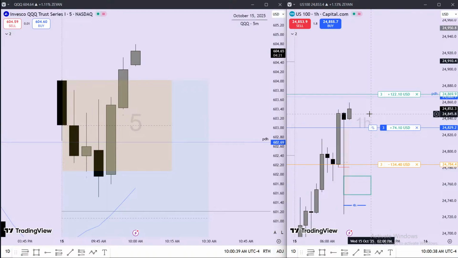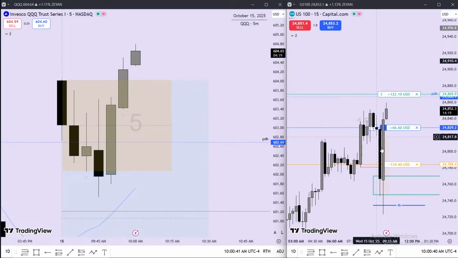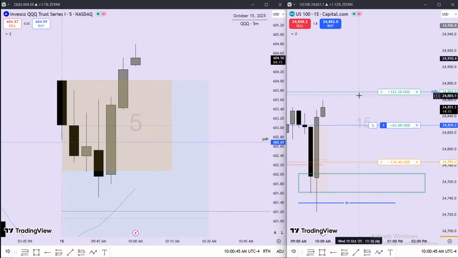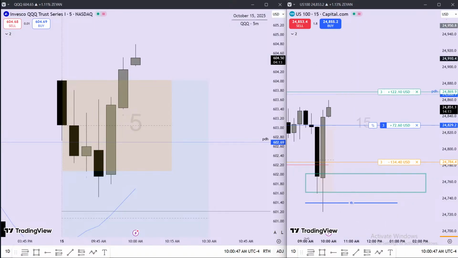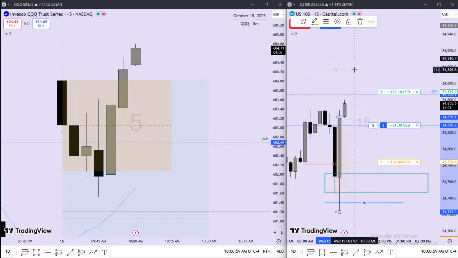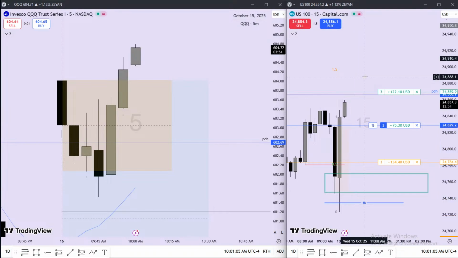So the bears who were looking at the 15 minutes validation... Bulls are expecting 896 minimum. Bulls still do not have a reason to get out.